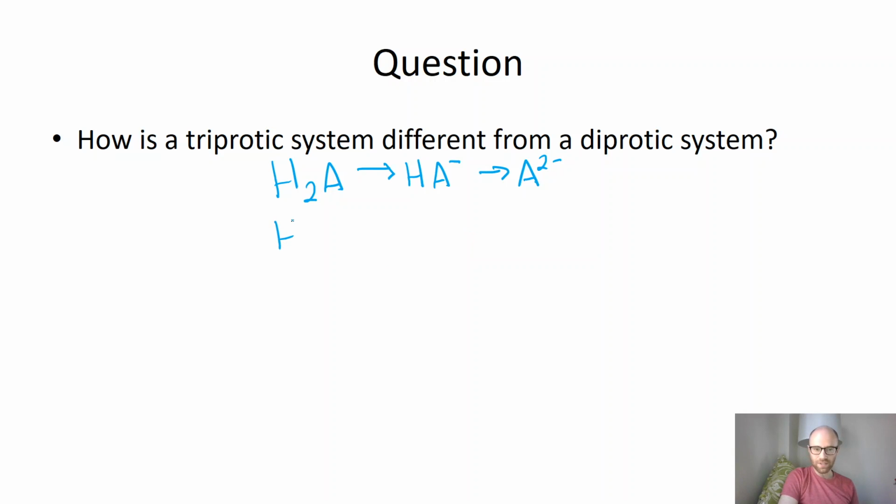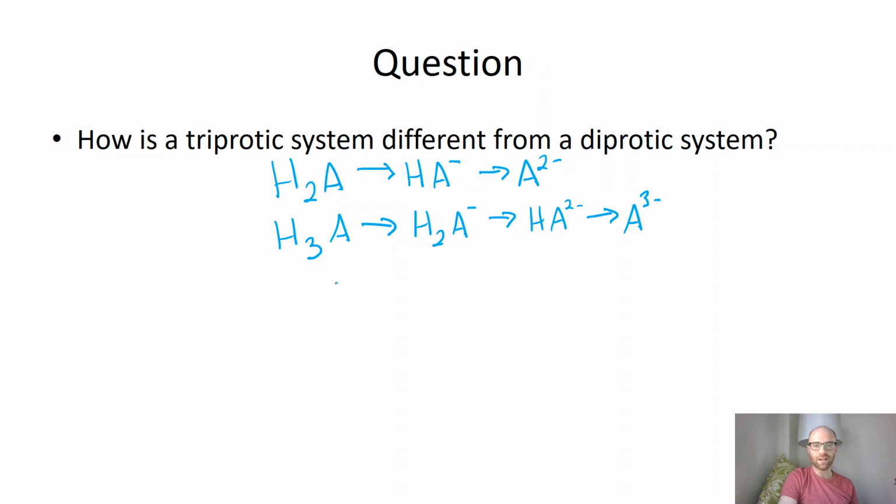For a triprotic system, there are three protons that can be pulled off of this molecule, which would then yield a first intermediate of H2A minus, a second intermediate of HA2 minus, and a final product, the fully basic A3 minus.